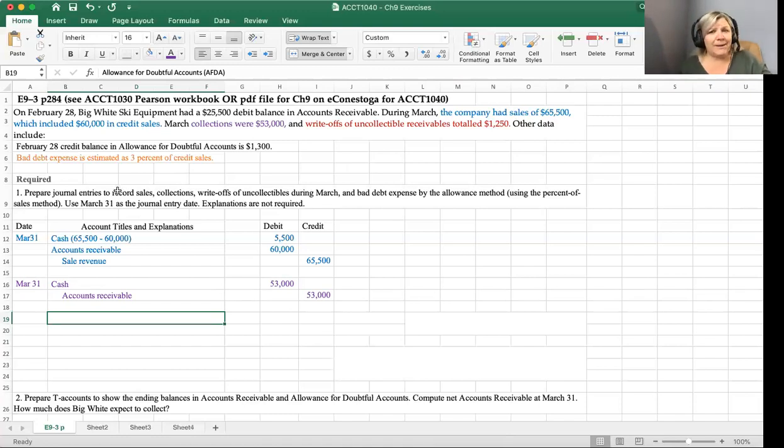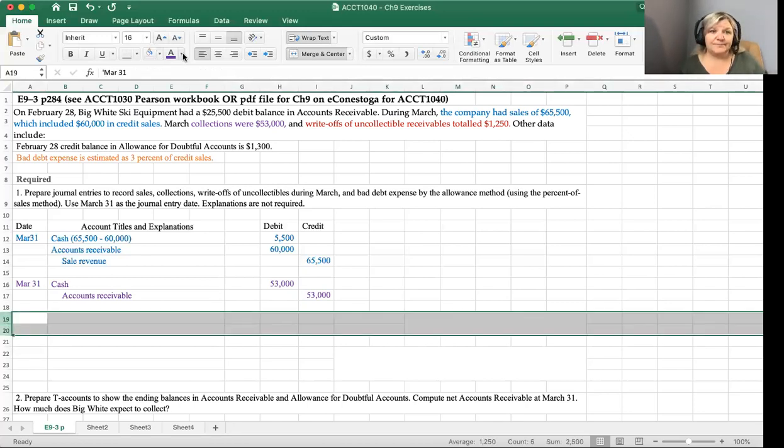Well, now we're really pretty sure that we're not going to. And so what we want to do for those customers that we've identified as customers that are not going to pay us is we want to remove them from our accounts receivable subledger. So in order to do that, we want to pull them out as a credit, and the offsetting account is going to be allowance for doubtful accounts.